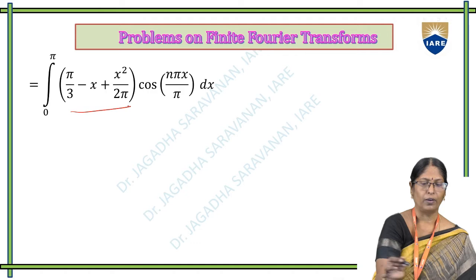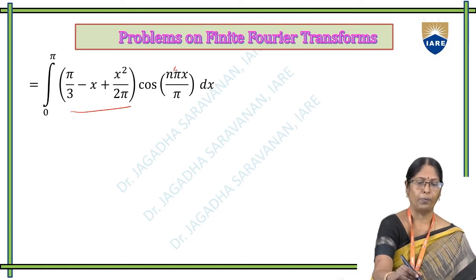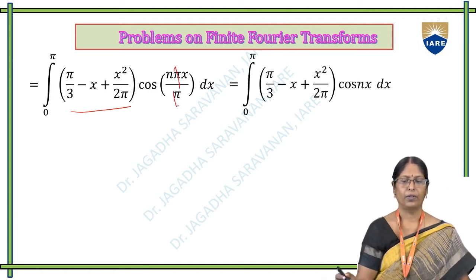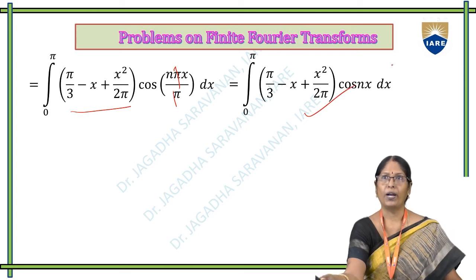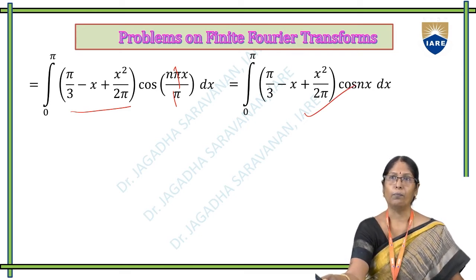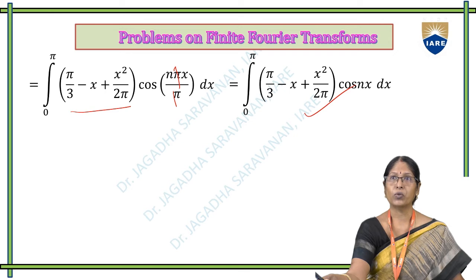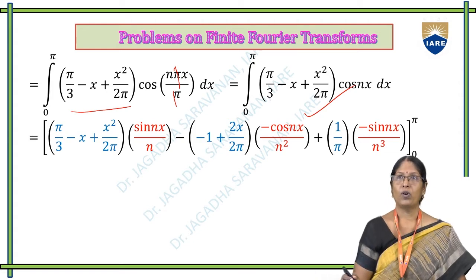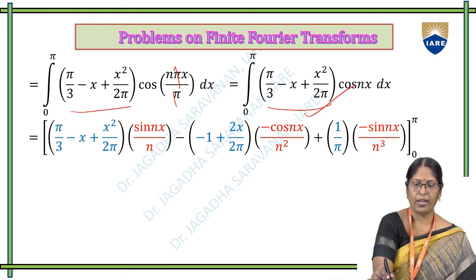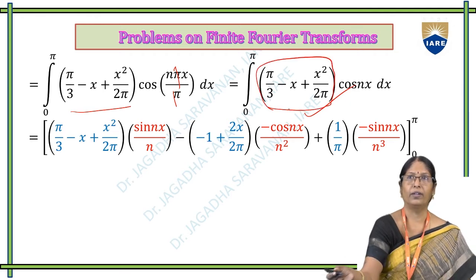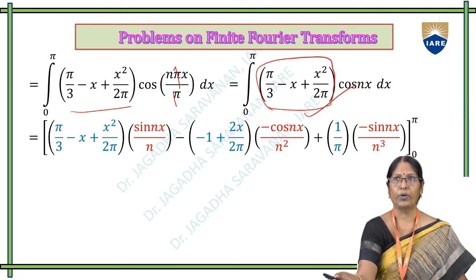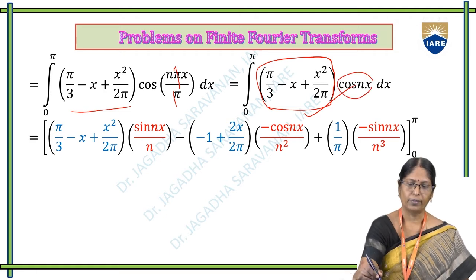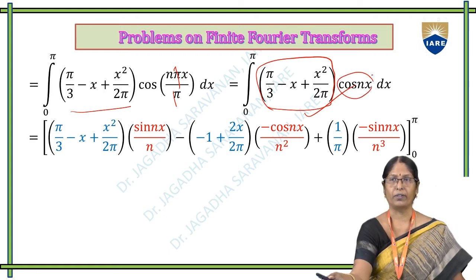So it is 0 to pi of pi by 3 minus x plus x square by 2 pi cos nx dx. We will concentrate on the integration now. What I am circling here is algebraic oriented. This one is trigonometric oriented.